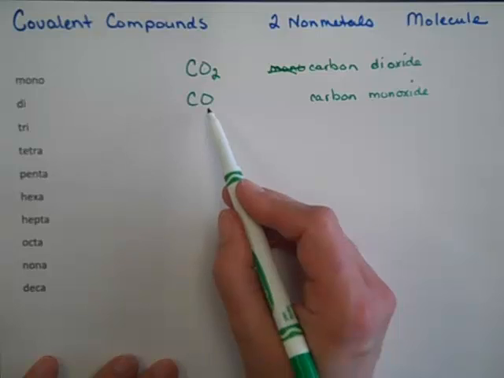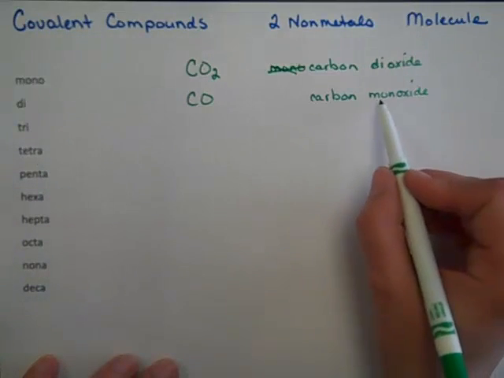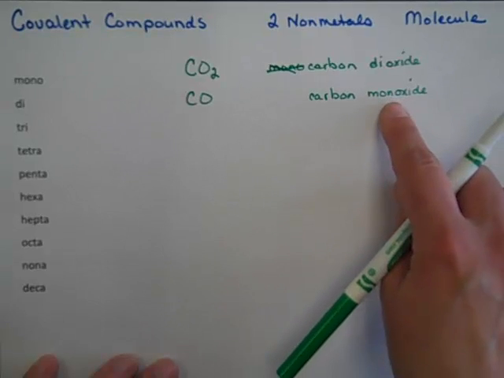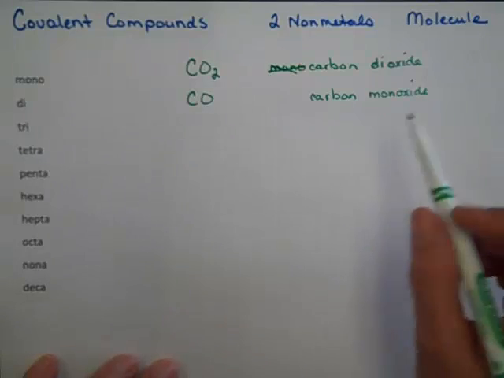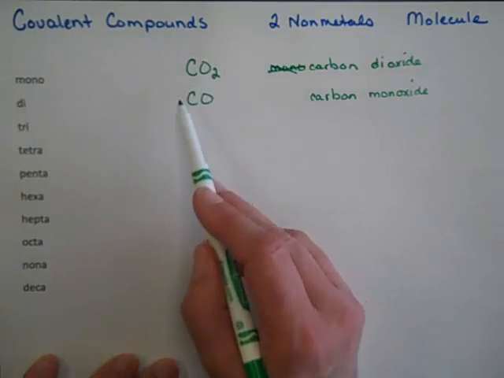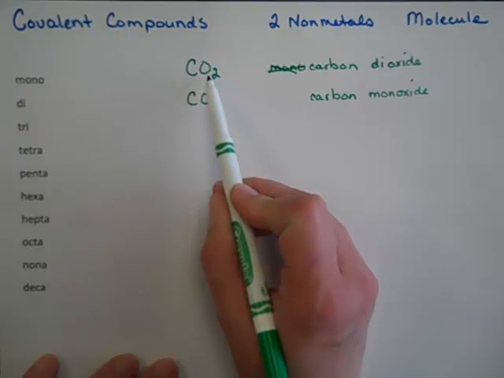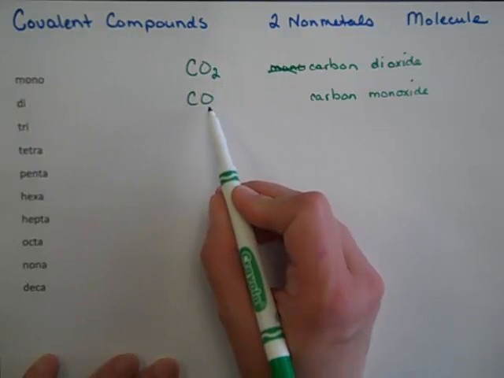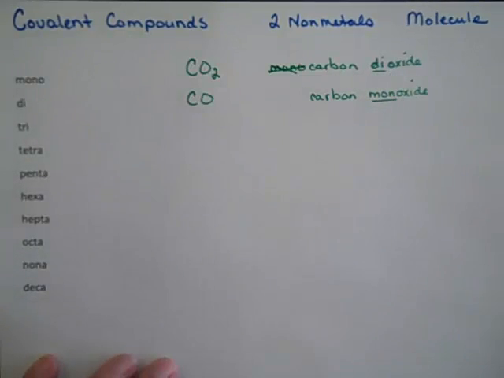Okay, so we're going to take this oxygen, change the ending to IDE, and put the mono prefix in front of it. Now this one we do put the mono. So you can see how these two things are different. Covalent compounds can form all different kinds of compounds like this. So we have carbon bonding with two oxygens, or we can have carbon bonding with one oxygen. And so to distinguish that, we give it the prefixes in front of that oxygen.